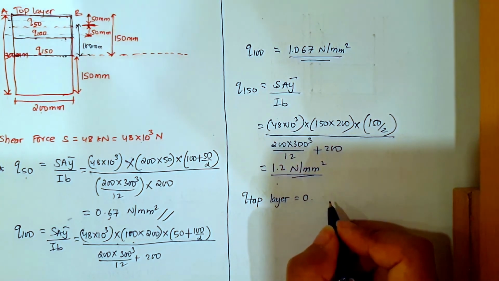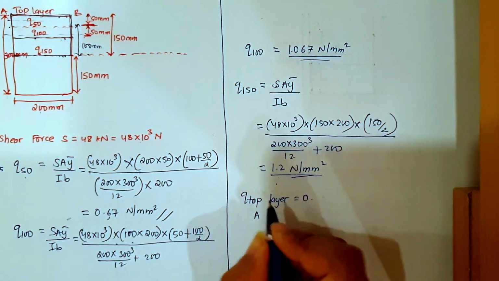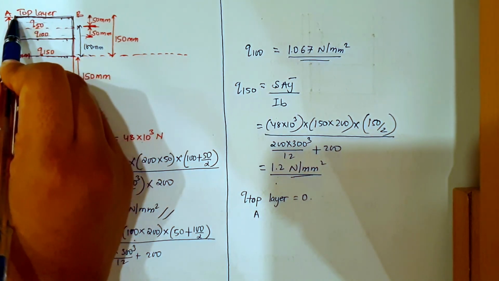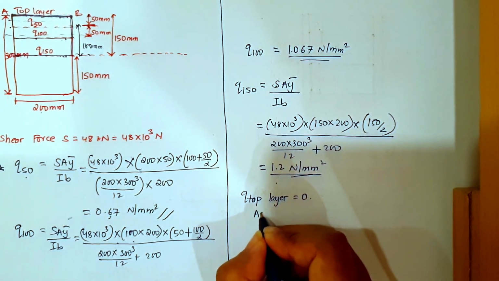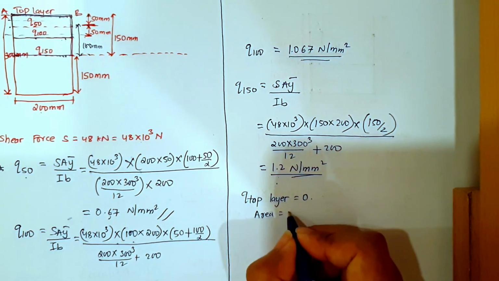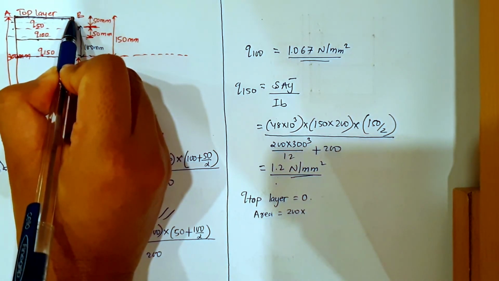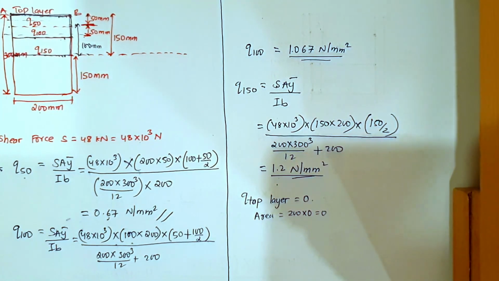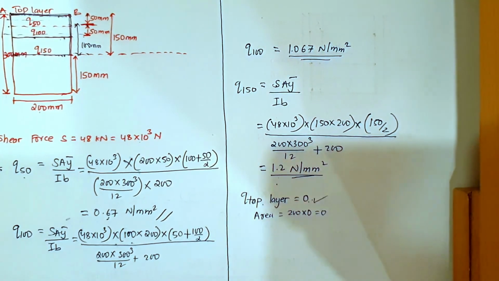Because the area here, because it is at the top only, so how will we take the area, right? We only have B, there is no depth, so the area will be equal to 200 into 0, it will be 0, right? So that's why at the top layer shear stress will be equal to 0.